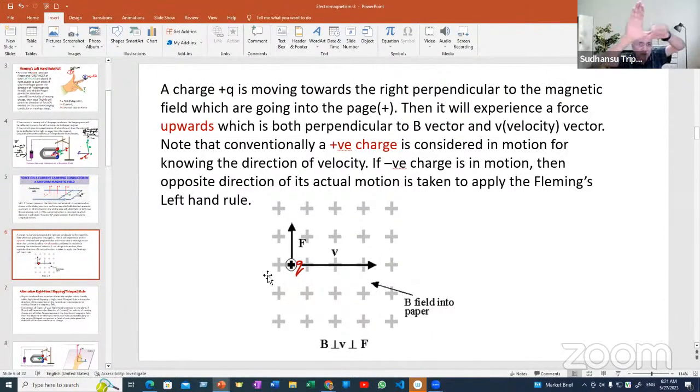And the thumb will show the direction of the current, but in FLR it was showing the direction of the motion, the force exerted. I told you, motion, but here it is current. Then these other fingers which are in the same plane but perpendicular to the thumb, the fingertip will show the direction of the field from north to south, like this.